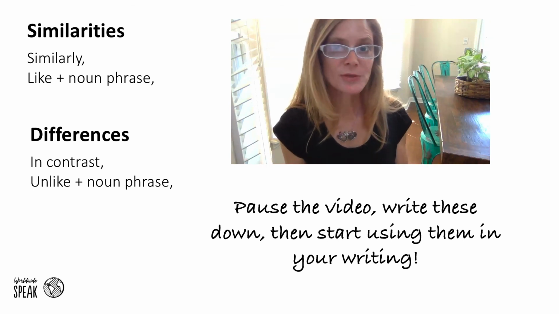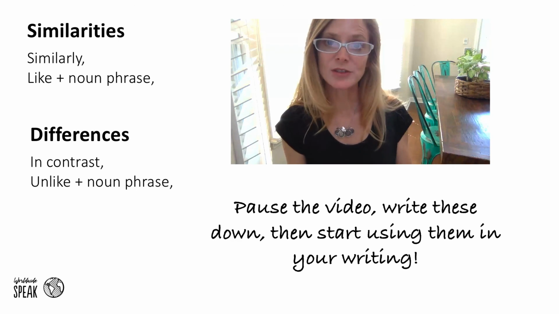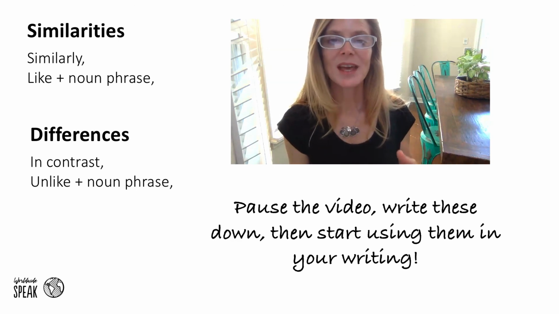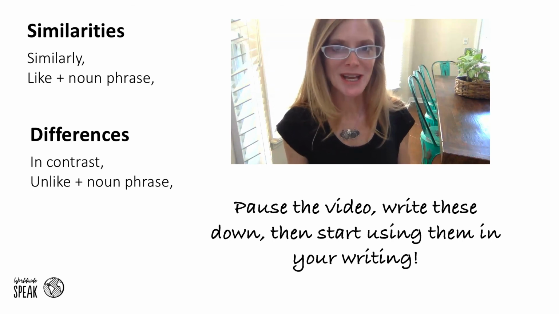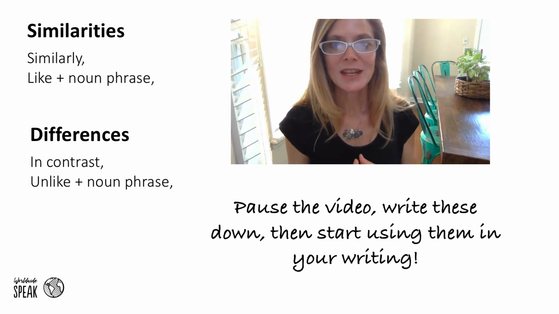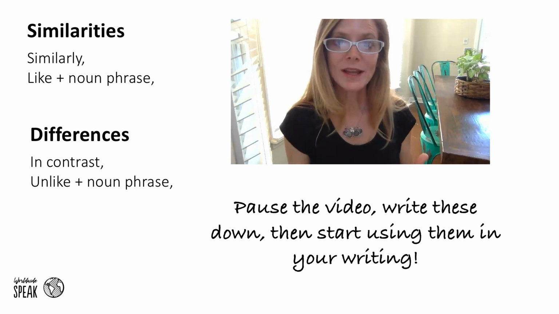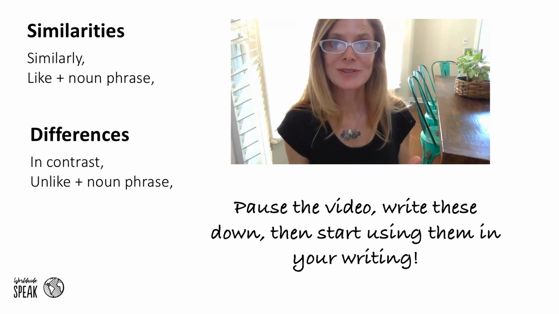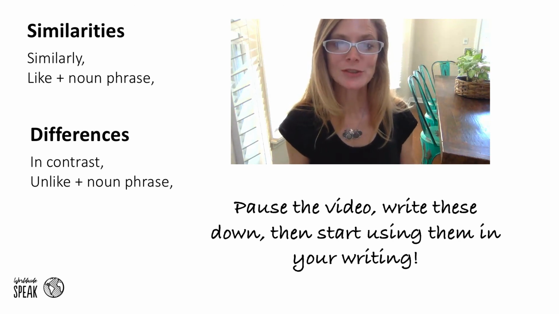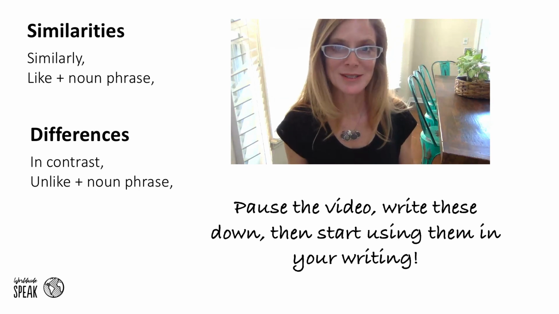And then for differences, we have in contrast, comma, and unlike plus a noun phrase or noun, comma. Now this would be a good time to pause the video, write down these transition words, and then you can start using them in your writing so that your writing is much more clear and much more effective.